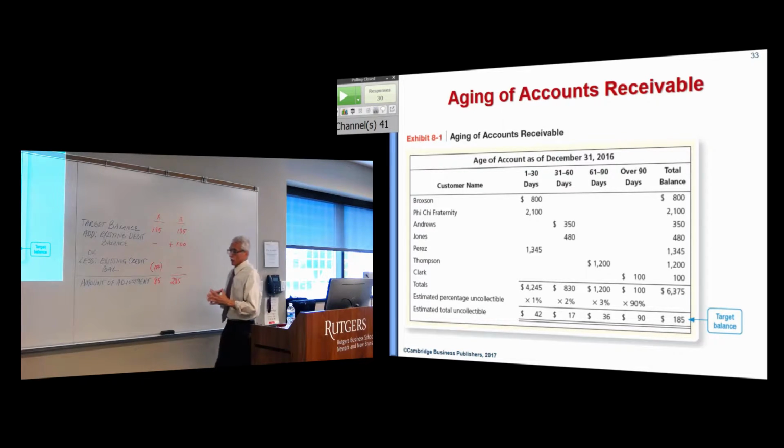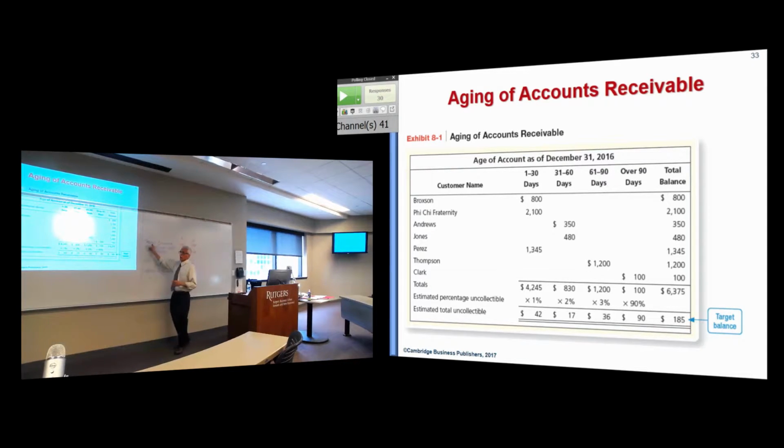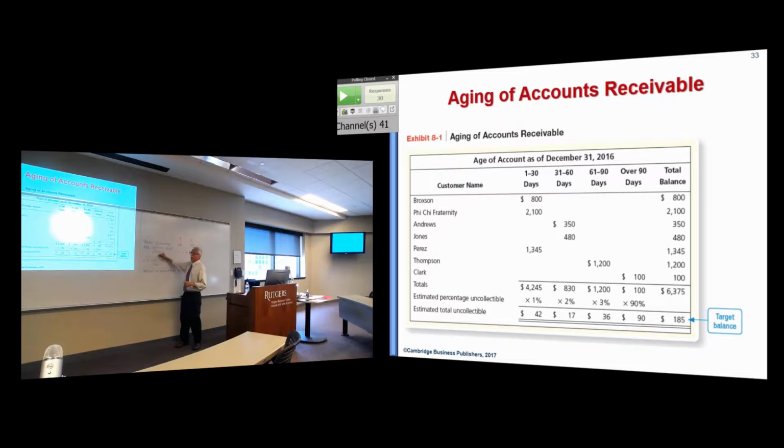The balance sheet approach creates a target balance or a desired balance. If you have a debit balance in there already, you got to remove the debit balance and get the target balance in there. If it has a credit balance, you only need the residual or the difference.